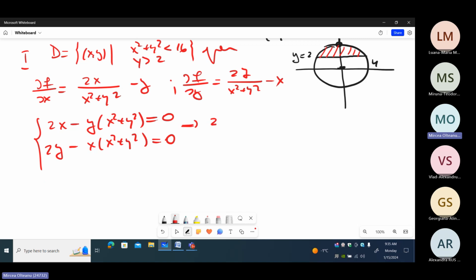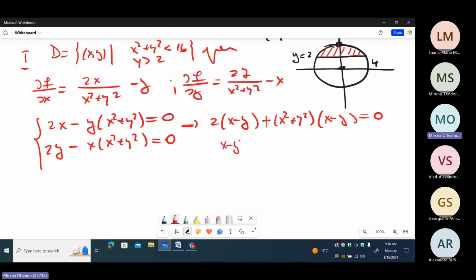That is 2 times (x minus y). Here we have the common factor. If we subtract the two equations, this is what we get.